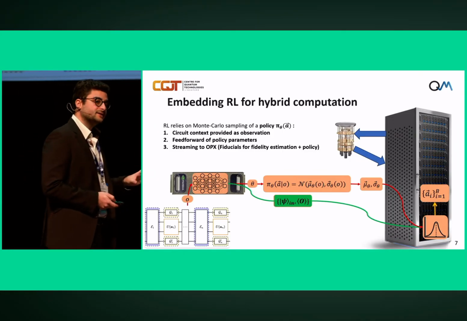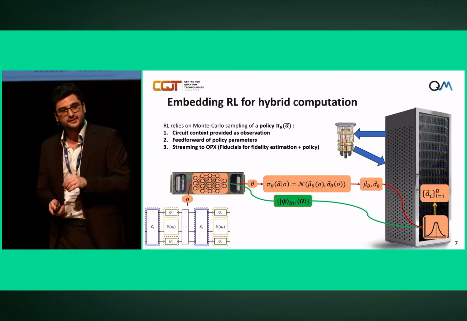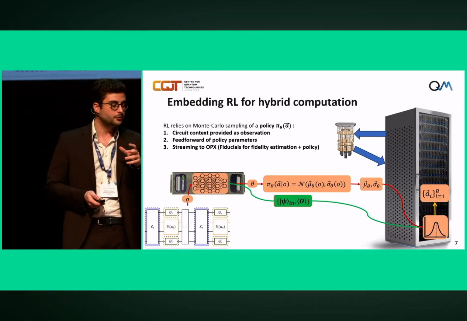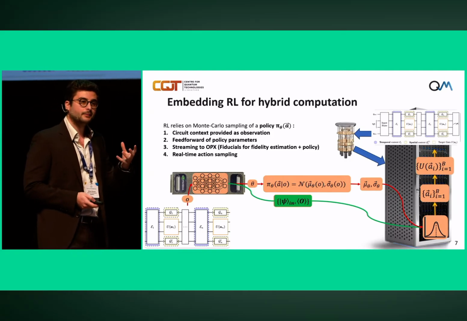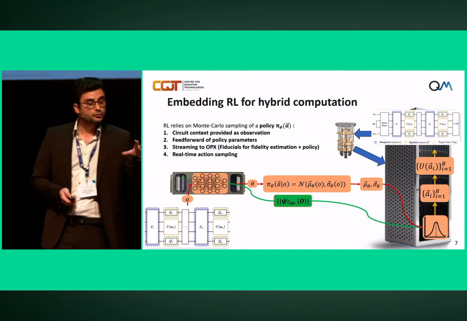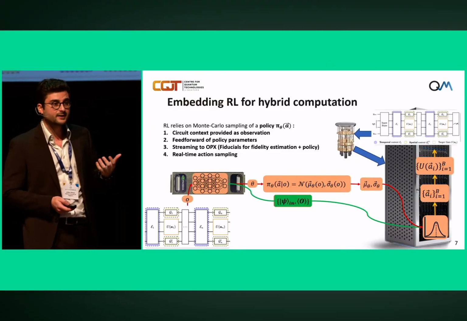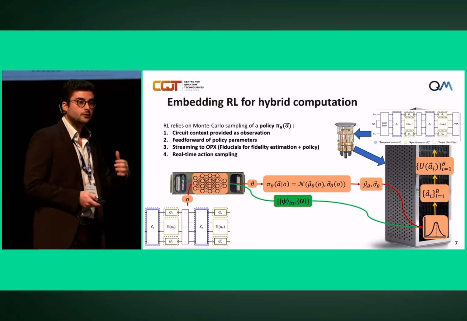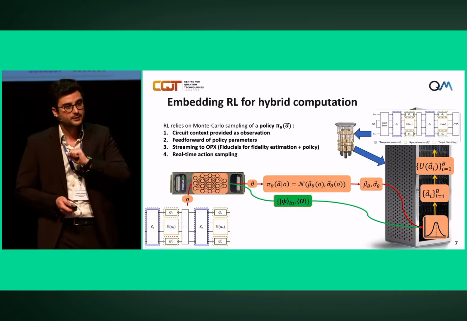Then everything else happens on the FPGA, meaning that we sample all those actions in real time using a Box-Muller transform, and generate on the fly the pulse parameters that will directly impact the transformation of our circuit. And again, the circuit context can also be mapped through this parameterization to real-time adjustable pulse parameters. So the communication latency is actually eliminated because most of the updates are now done in real time.